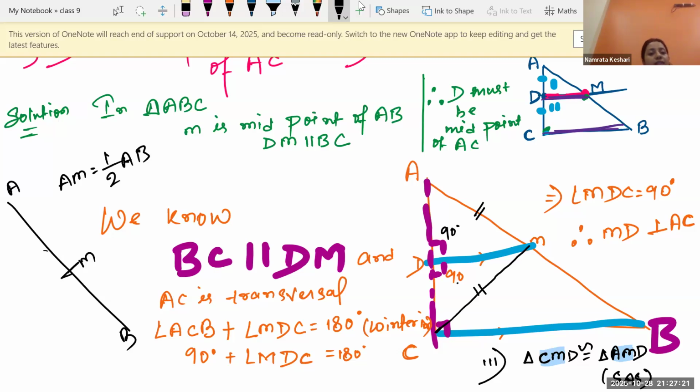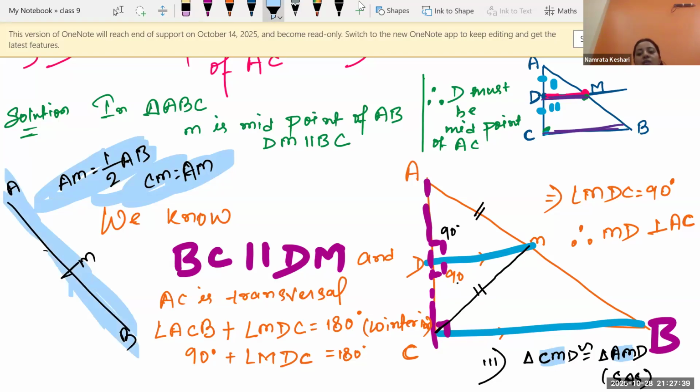And CM and AM are the same. That means CM and AM are both equal to half of AB. Is it clear? Yes, ma'am. So this hint you can take. The third part, you have to do it all by yourself.